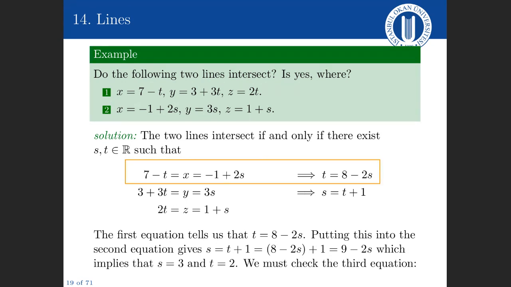From the first equation, we can rearrange this and see that we must have that t is equal to 8 minus 2s. And then we put this into the second equation. From the second equation, we can rearrange this, and we can find that s must be t plus 1.